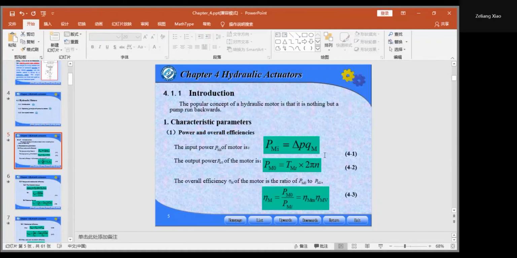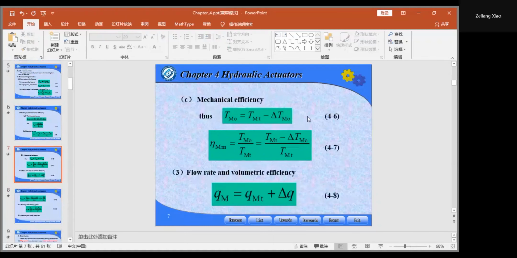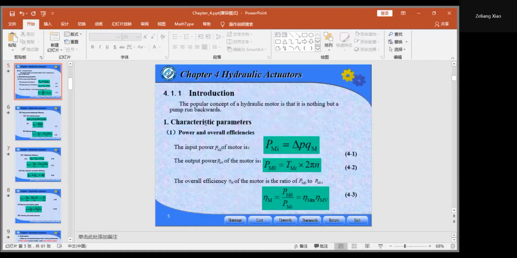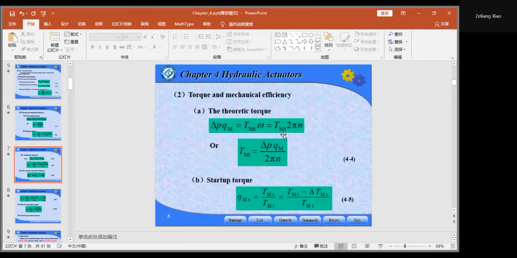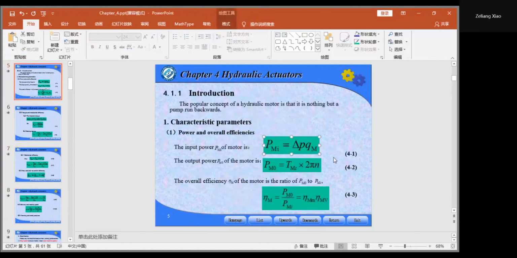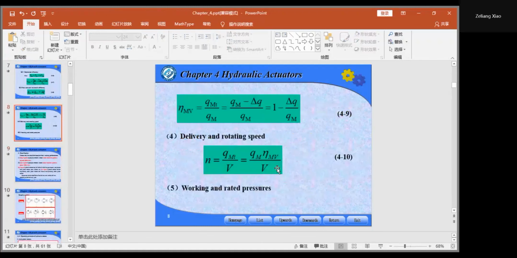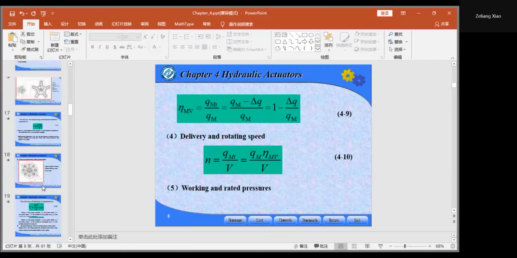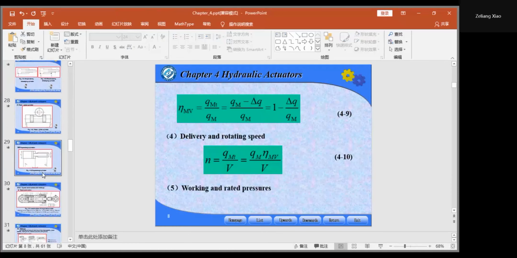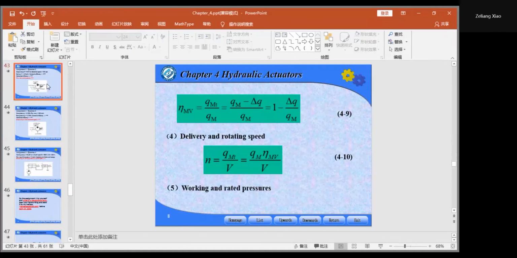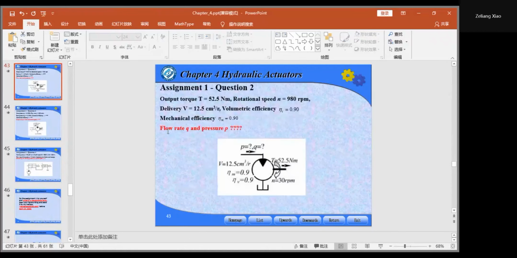By these equations, by the characteristic parameters, you can, according to the working condition, calculate the flow rate and pressure.